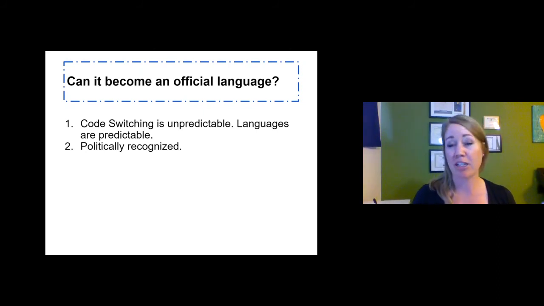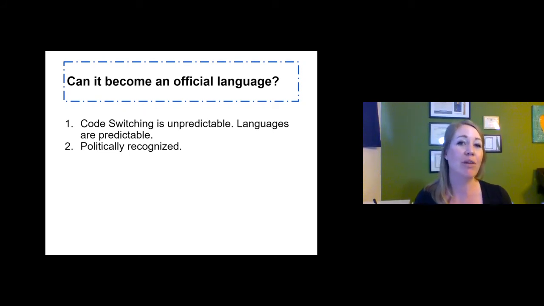So if the Spanglish society were to decide that we will always use the Spanish word loco instead of the English word crazy, and that is our rule, and they start developing rules like that, it can then meet the criteria of being a language. But there's no consistency in terms of the code switching and what language you're allowed to use what word from, okay? It's all a little arbitrarily done by the speakers in that conversation.